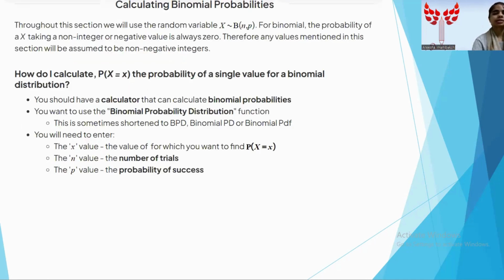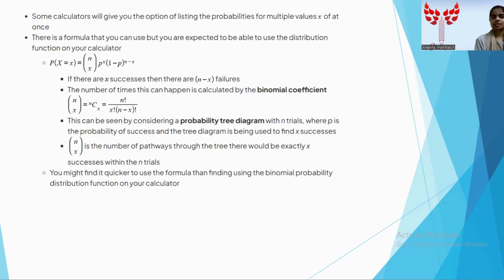Now let's move towards the next topic, calculating binomial probabilities. We've just looked at one example, right? We saw n is the number of trials, p is the probability of success. But now we will look at binomial probability distributions. We already looked at how you can find a single probability.